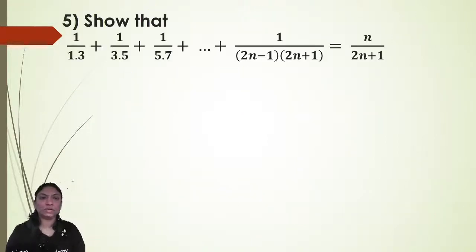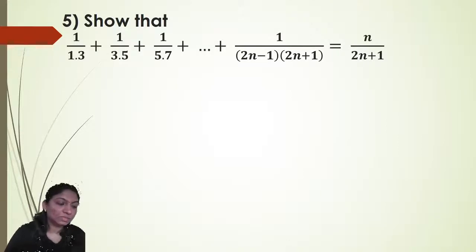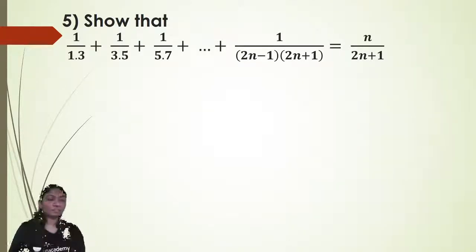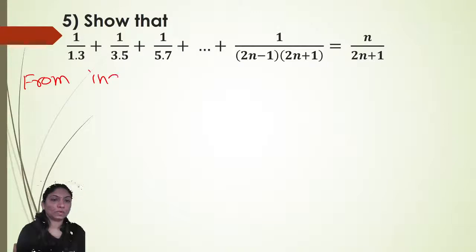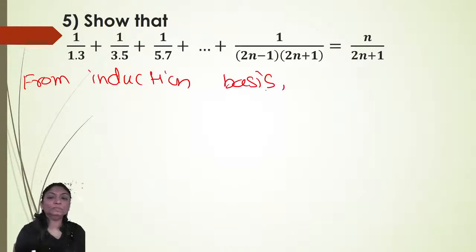The next: show that 1 upon 1 into 3 plus 1 upon 3 into 5 and so on, plus 1 upon (2n minus 1)(2n plus 1), equals n upon 2n plus 1. For that, again we use the induction basis, for n is equal to 1.